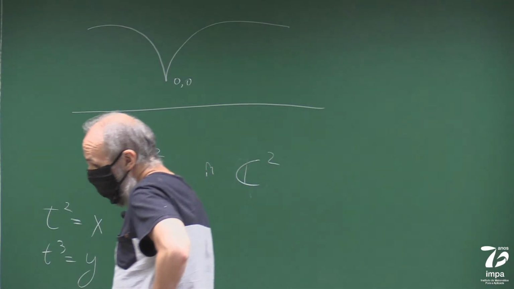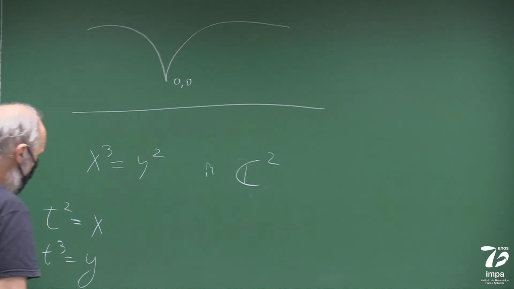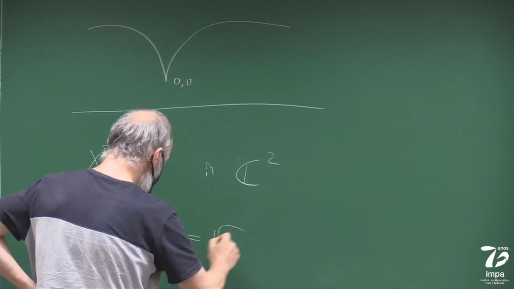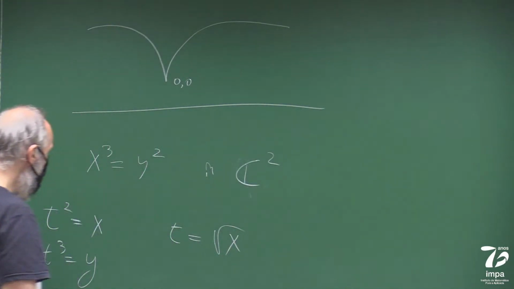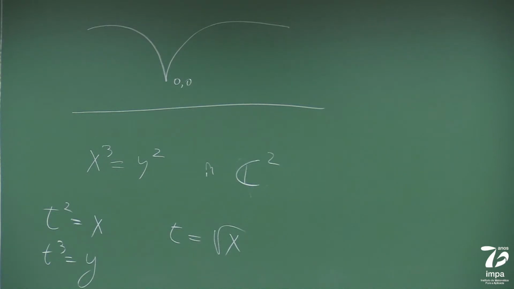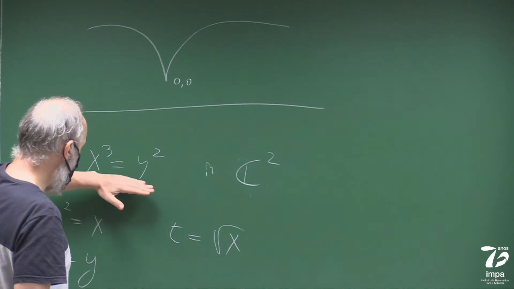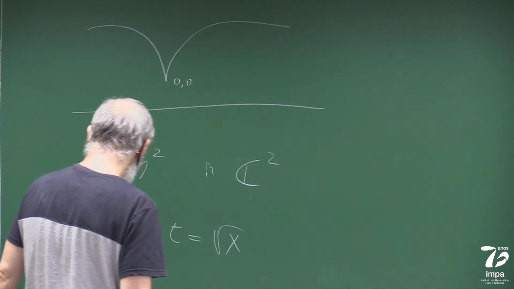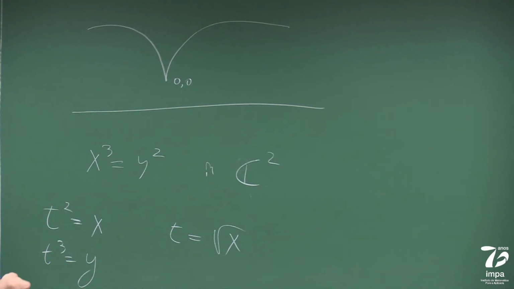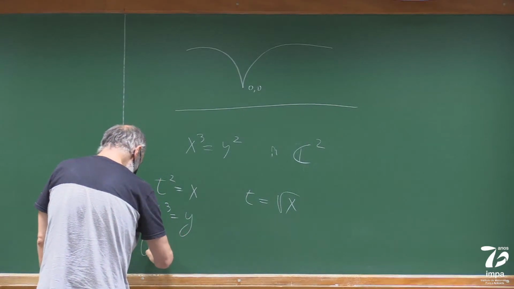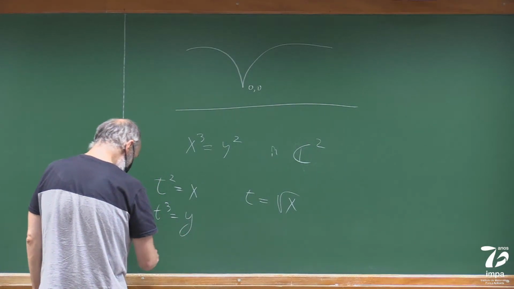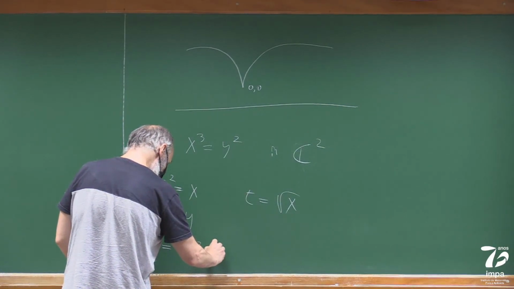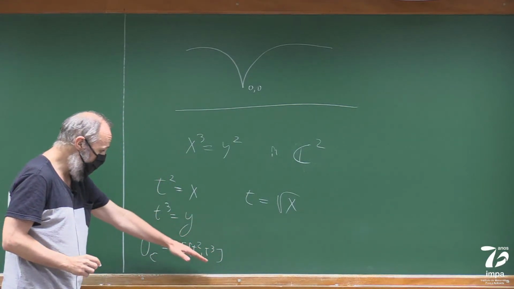To see that it is singular, you can just check that you have the function t, which is the square root of, say, x, and you can't express the square root of x through x and y. The ring of regular functions of this curve is the ring of polynomials in t squared and t cubed, and there is no t in this ring.